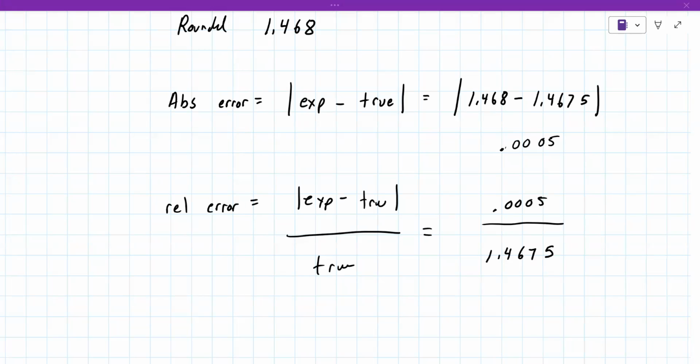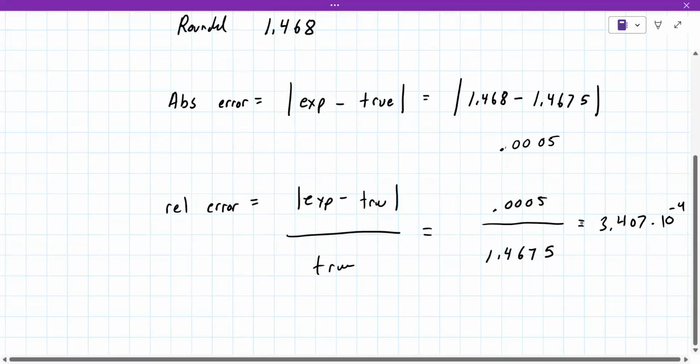So it ends up being, well, let me go to the calculator again. 3.407, 4 significant figures, times 10 to the minus 4.